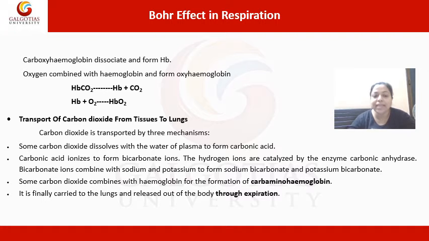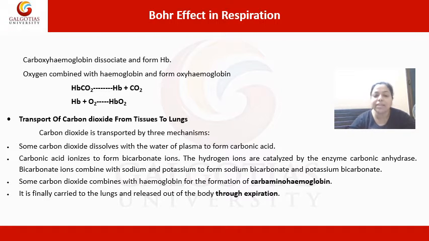Then carbonic acid ionizes to form the bicarbonate ions, and the hydrogen ions are catalyzed by the enzyme which is called carbonic anhydrase. Bicarbonate ions combine with sodium and potassium to form sodium bicarbonate and potassium bicarbonate.